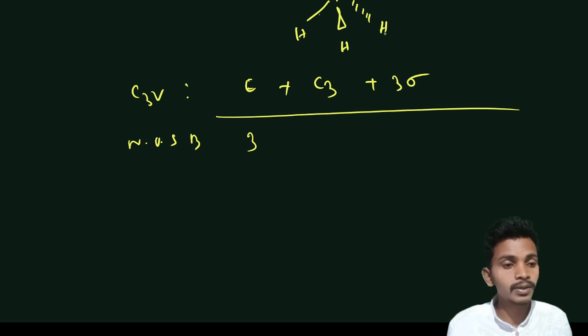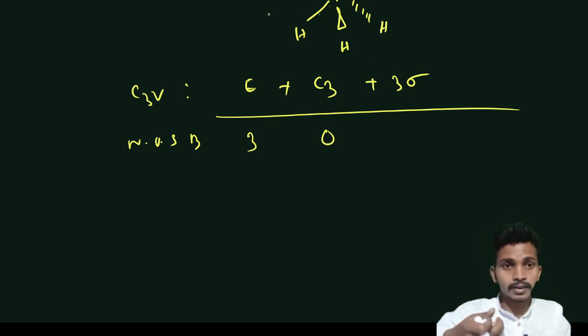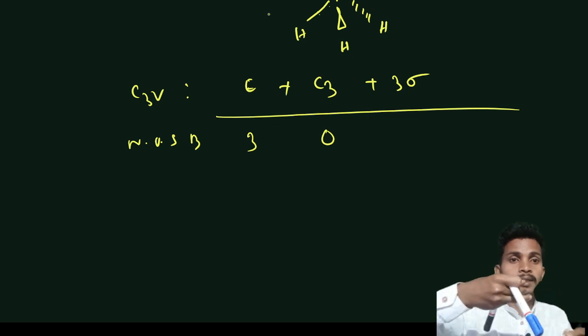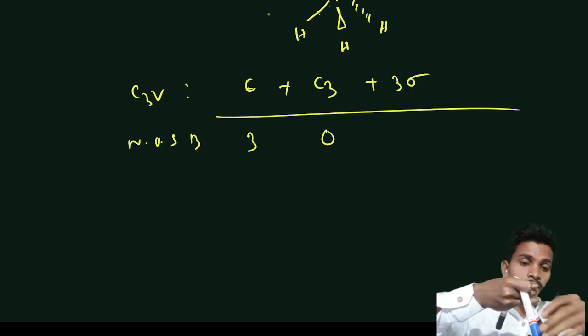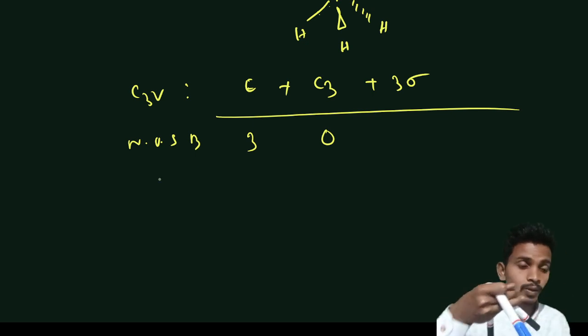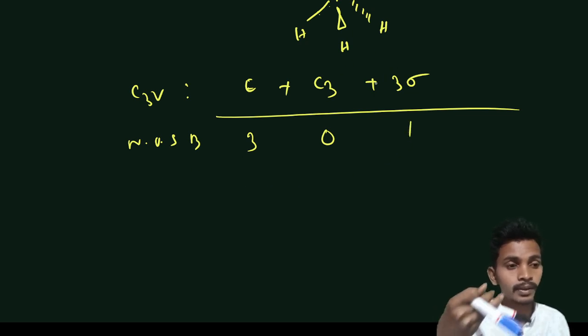So 3 will not change. And if we apply C3, then all will change, so 0. And if we apply sigma, let's say this is the atoms, then if I apply sigma, it will cut one hydrogen and nitrogen. So one bond will not change. So this is 1.